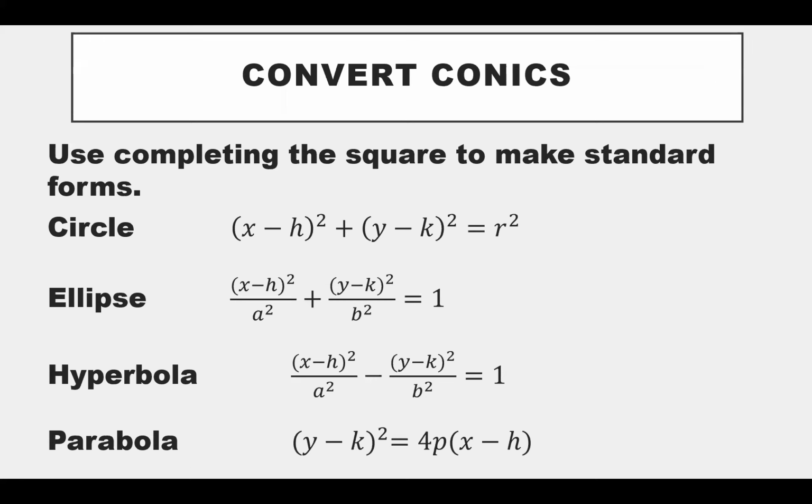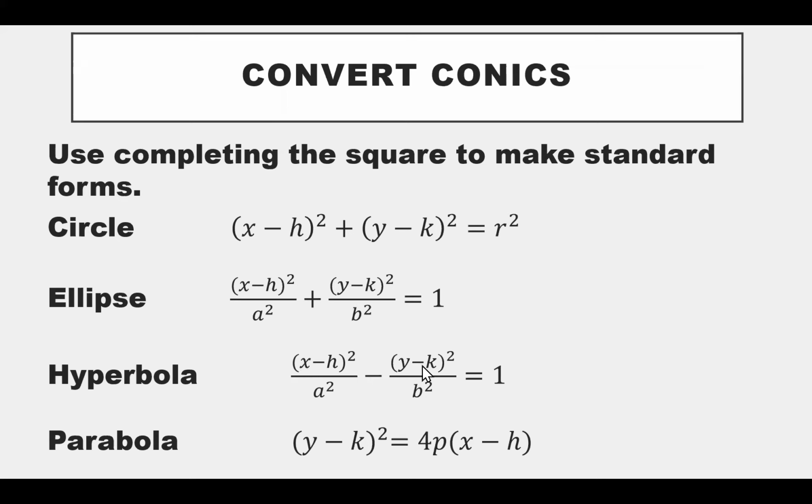Now, once I've identified what type of conic section I'm looking at, then I can force it to be in one of these standard forms. Obviously, there are different standard forms for the ellipse and the hyperbola and the parabola.